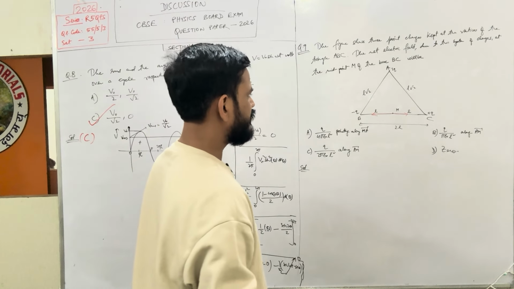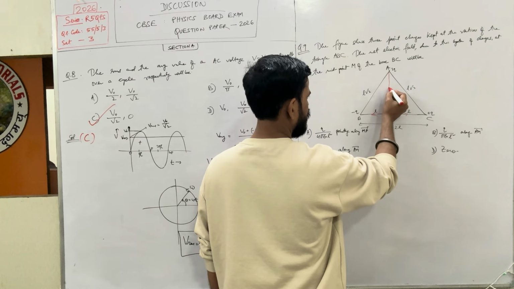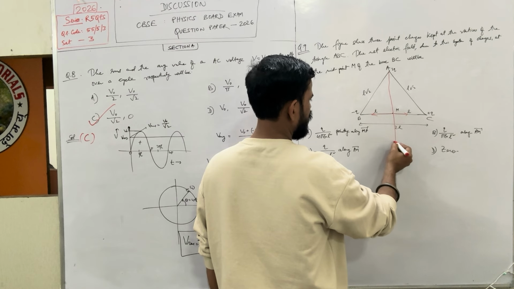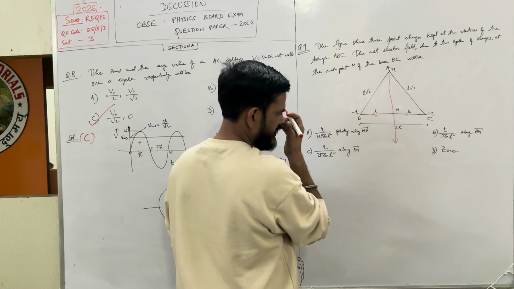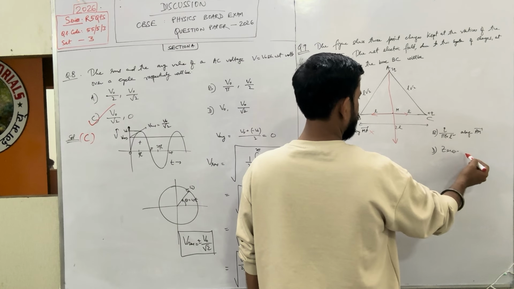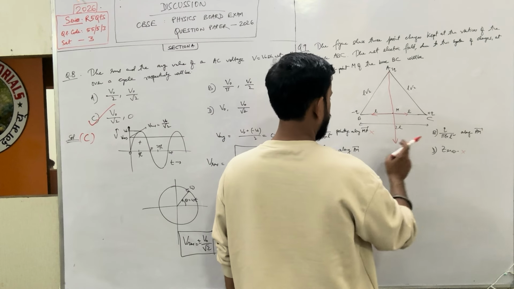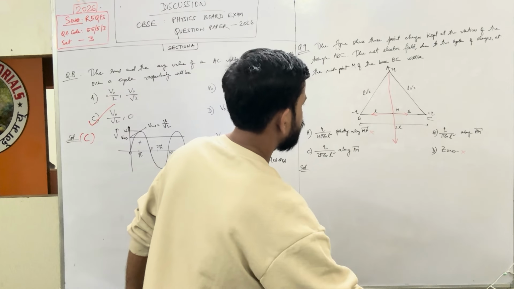Now the net electric field is only due to charge 2q, which is at A. So that is positive, so the direction will be along AM. So, since direction is along AM, this option gets cancelled, this option gets cancelled. We have two candidates, B or C. We'll find out the value.